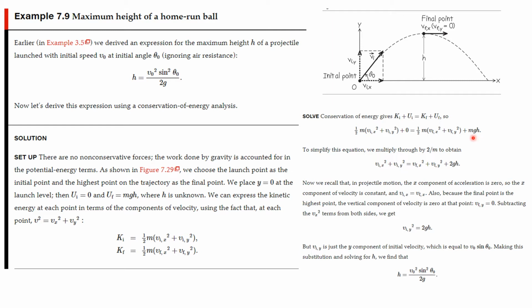We multiply all the way through by 2 over m, and that'll cancel out the masses, and we'll just have this term involving the sum of the squares of the velocities in the x and y directions equal to this, plus 2gh. Now, what we know is that at this top part, v final y is equal to 0. And so we can set that equal to 0.